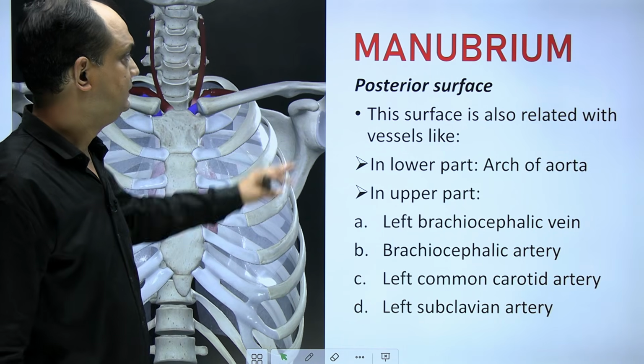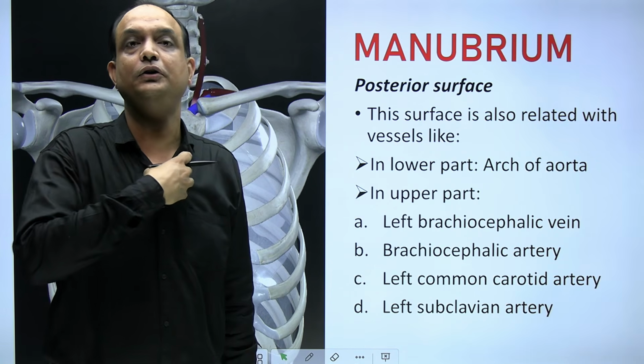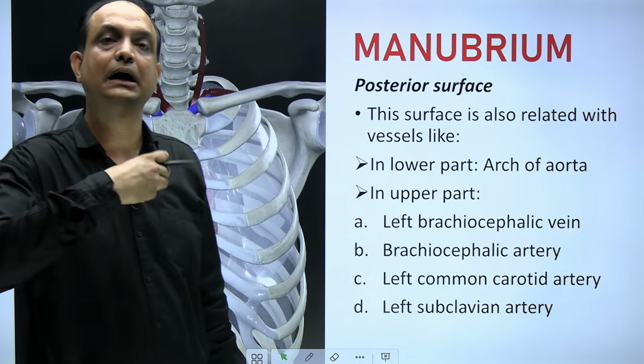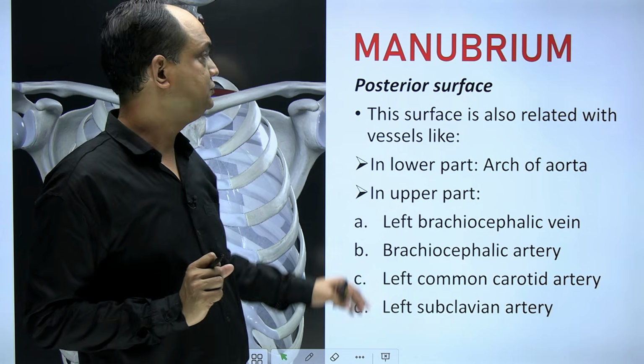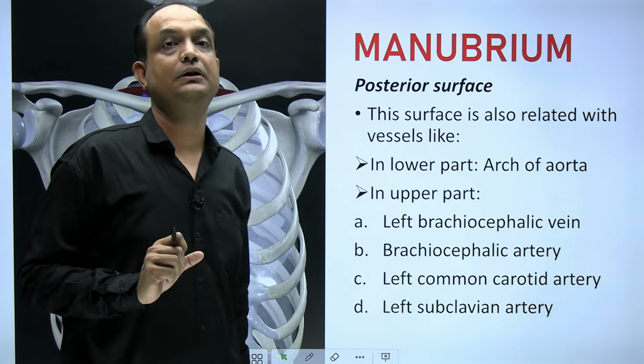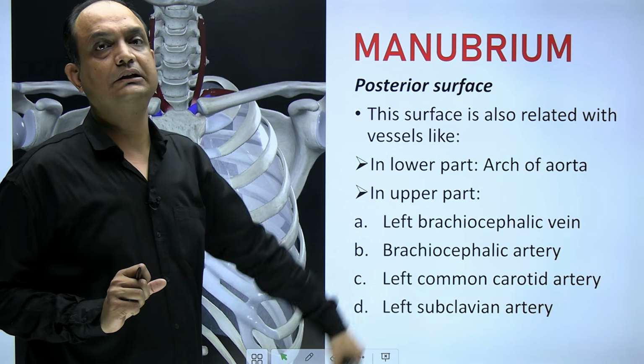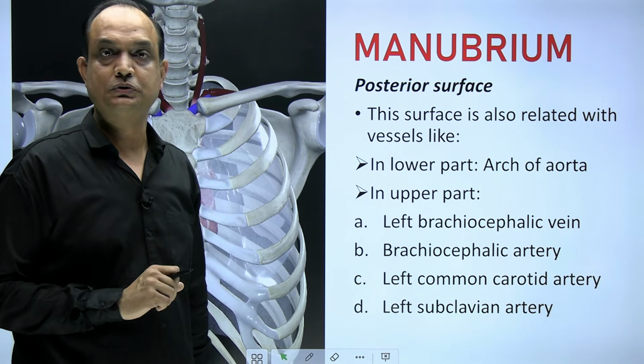Now, what are the other important relations? My dear students, when you cut the manubrium in the dissection and remove it, you will find some vessels behind the manubrium posteriorly, and these vessels are important for your exam purpose. So, what vessels come in relation to the manubrium posteriorly?